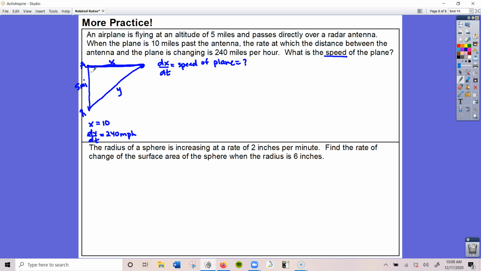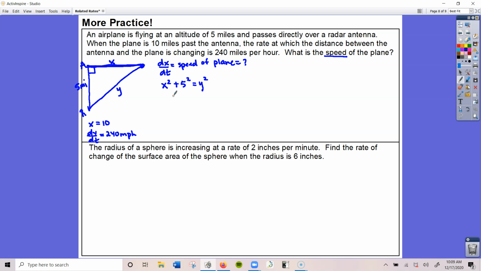So again, I have a right triangle here. So we're going to use the Pythagorean theorem. So x squared plus the 5 does not change because the plane is just going horizontally. It is not going up or down. So this is a constant. So we'll say 5 squared is equal to y squared.